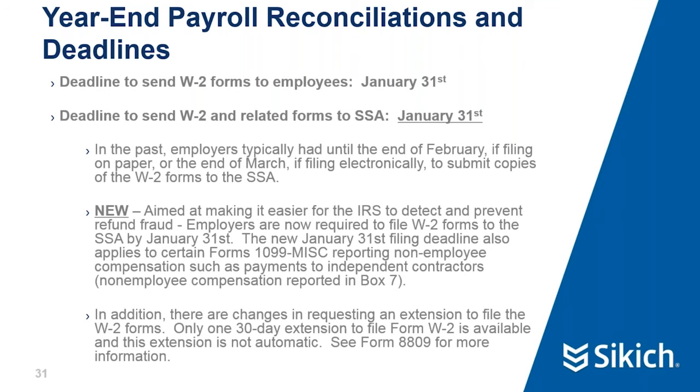And then the last item that rolled out with this deadline change is that there are changes to requesting an extension to file the W-2 forms. There's now only one 30-day extension, and this extension is not automatic. We recommend you take a look at Form 8809 for more detailed information on how to file an extension to submit your W-2 forms to the government.